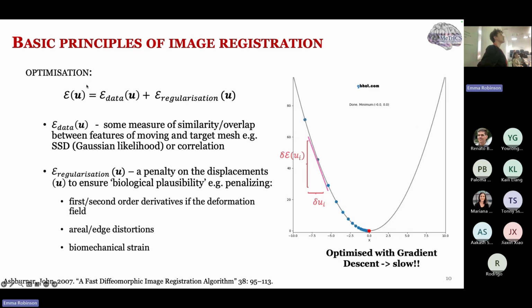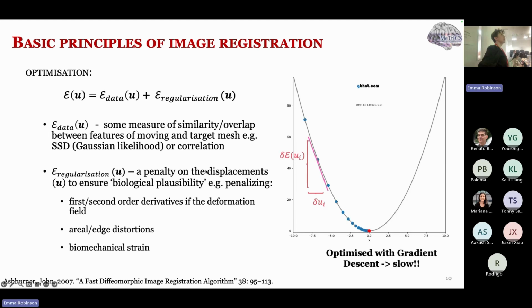If we consider image registration generally, or in fact most image processing, you have some driving term, some data similarity term, whose objective is to drive registration in the direction that's going to improve overlap of equivalent structures in the source and target meshes. And then, as we've already said, you have some regularization penalty, which ensures that we don't just move these points around anywhere to optimize similarity. We do it in a way that's biologically plausible.